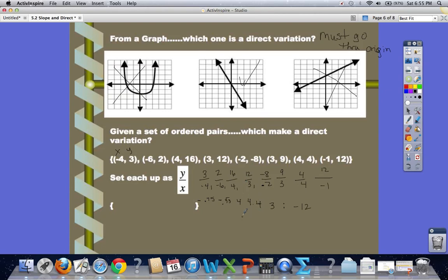All right, so I have 3 numbers right here that are the same number. That means they would make a direct variation. So I would take those points, and what point made it was 4, 16. Why is my pen not working tonight? All right, and then the next one was 3, 12.